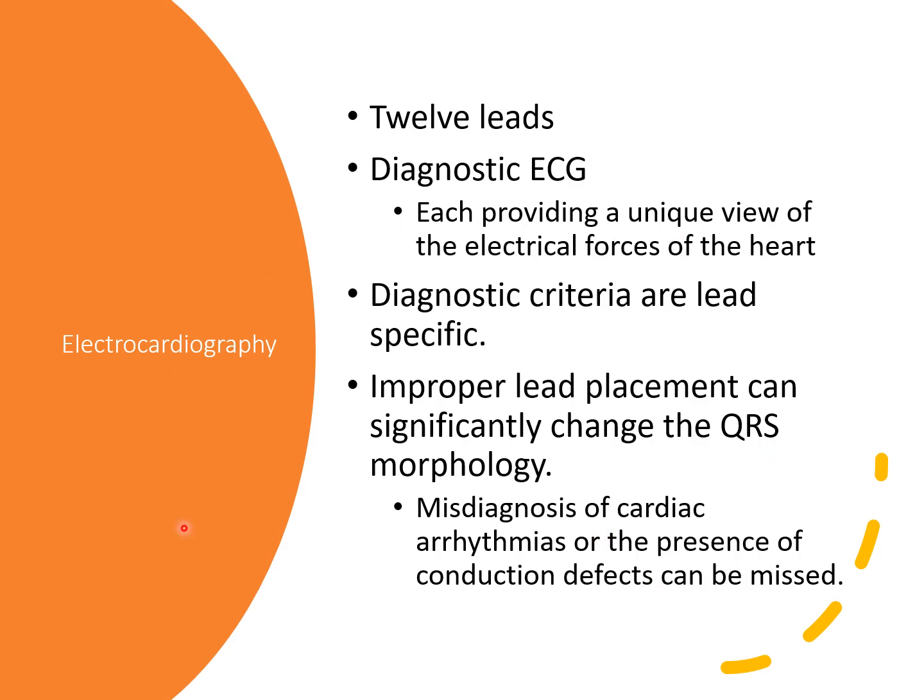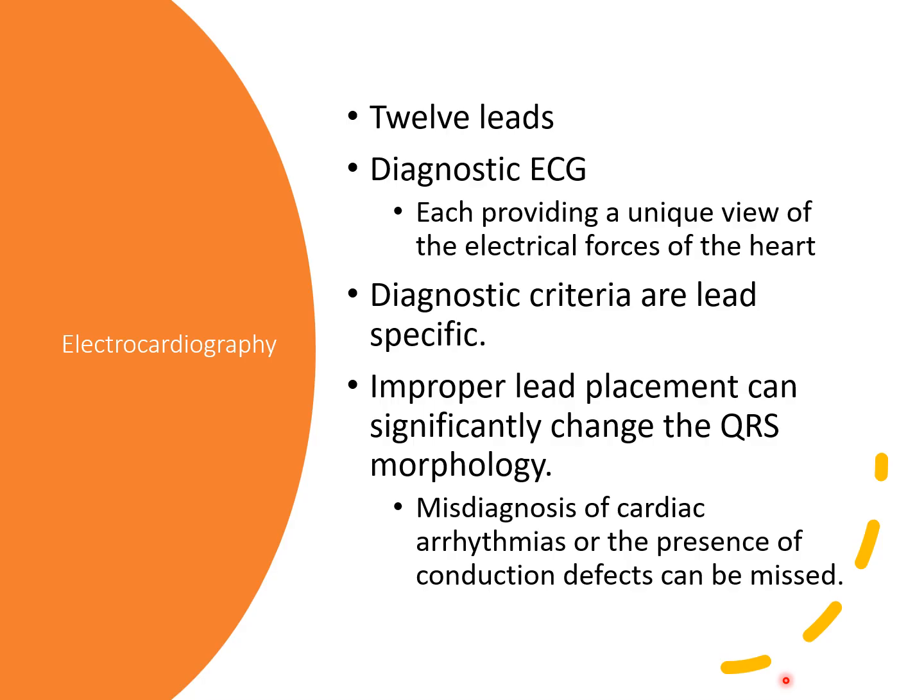But one thing to understand about electrocardiography, because each lead is very specific to different portions of the heart muscle, if we don't put those leads on properly, it can significantly change the way we look at that QRS complex morphology in the heart. So improper lead placement can lead to improper diagnostics in the heart itself.